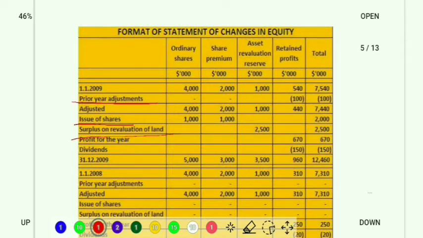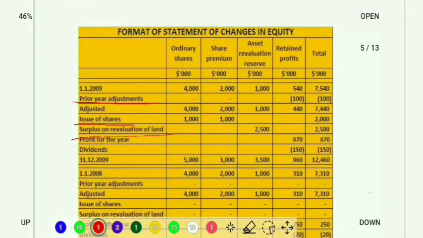Now one more thing I would like to add over here, that statement of changes in equity is just for introduction purposes over here only. Later on throughout our Part B course, there is no chapter based specifically on statement of changes in equity. So over here you just need to understand what is statement of changes in equity, and that's it. That we have already discussed while discussing the types of financial statements.